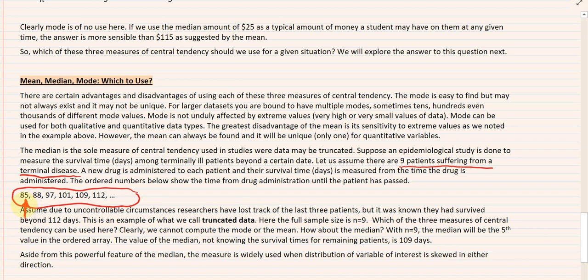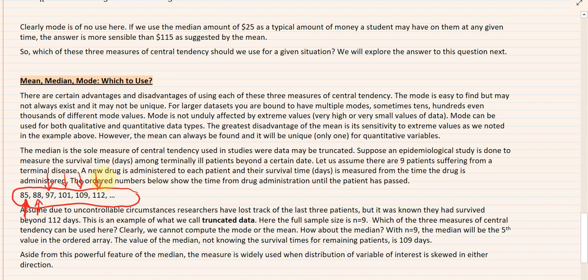Suppose I have a new drug that I administer to these 9 patients, and I'm going to look at how long they live before they pass. So the first person lasted 85 days on this new drug, new treatment. The second patient passed after 88 days. Third one, fourth one, fifth one, sixth one.